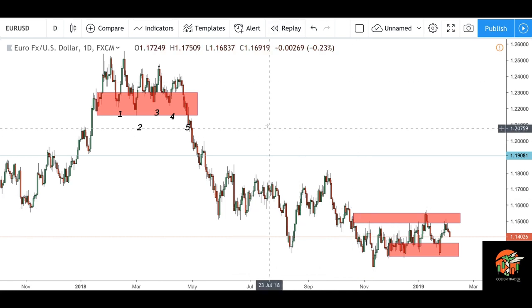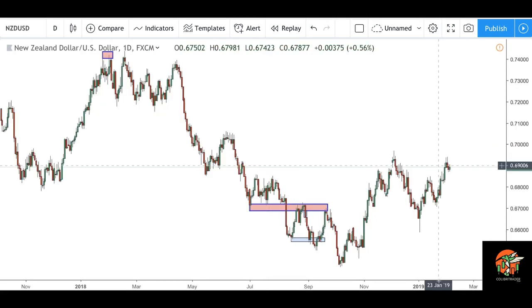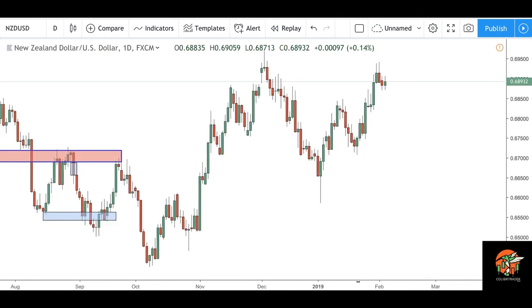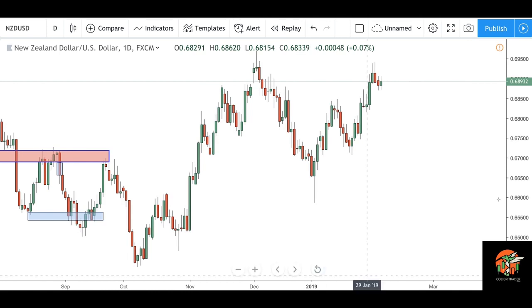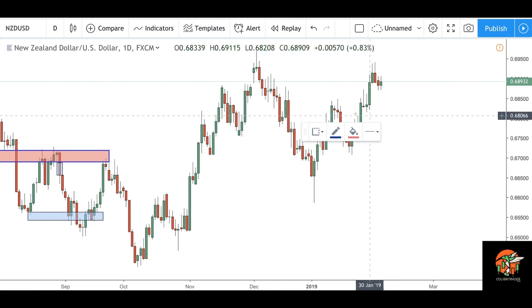What else I was looking at today? Let's check out the New Zealand dollar versus the US dollar, and what we are going to see here is a couple of things.